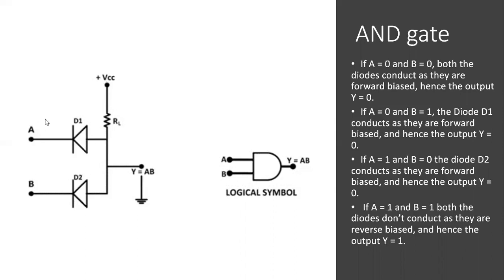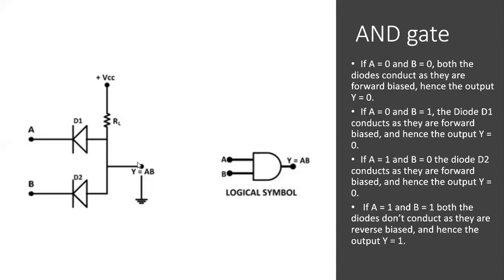If you give high inputs, both the inputs high, then both the diodes D1 and D2 become reverse biased. Reverse bias means it will behave like an open switch. So there is no path for the supply to flow through these diodes. Hence the supply flows through the load resistance to the output.